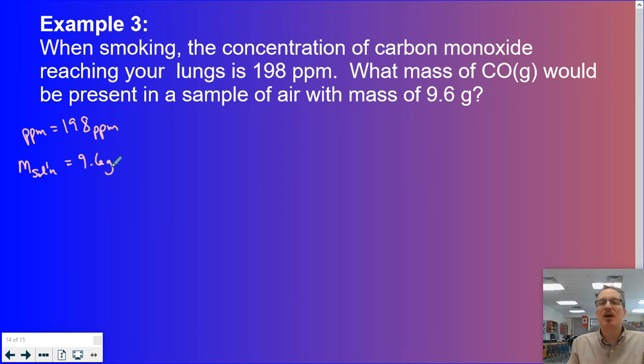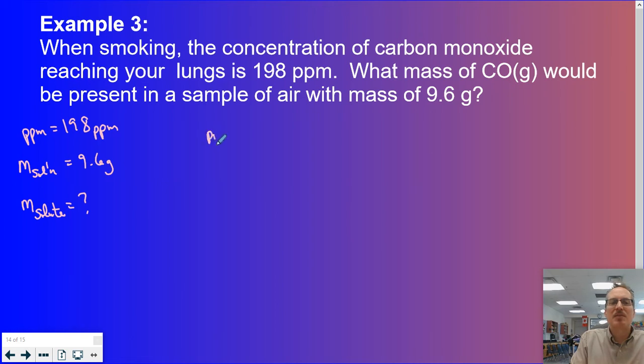By the way, that is roughly what the mass of one breath in is naturally anyways, 9.6 grams. We would want to know in that how much of it is actually carbon monoxide. So we know it's going to be smaller than 9.6. So let's try this question.